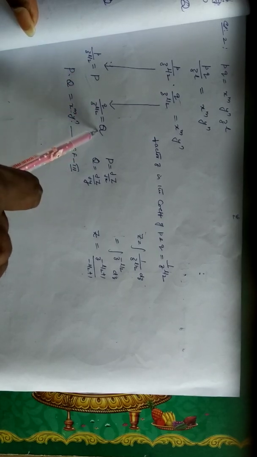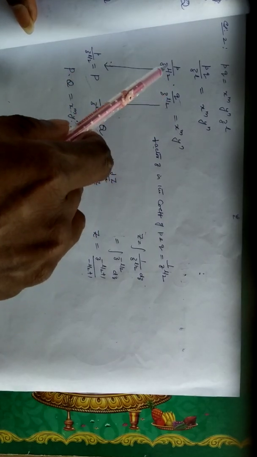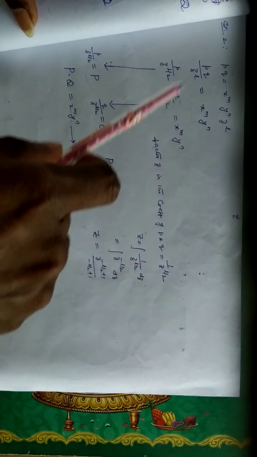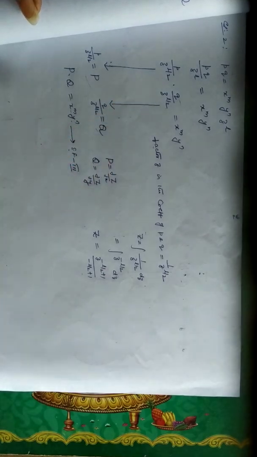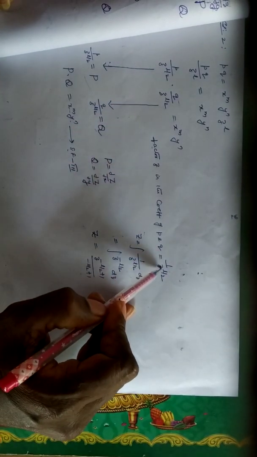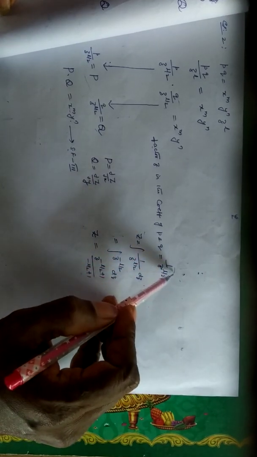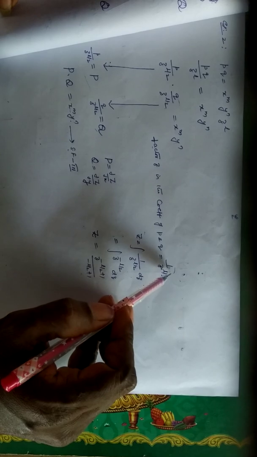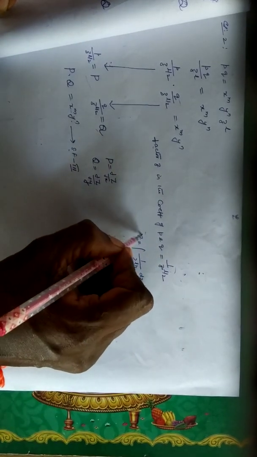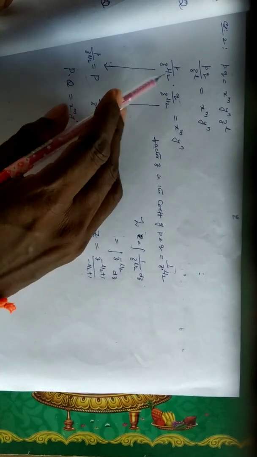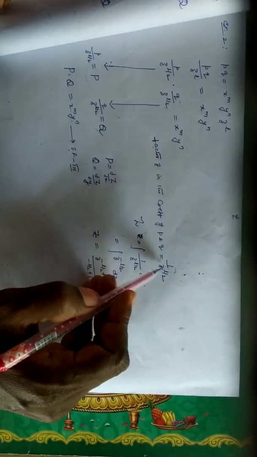For this, we take the factor of z in the quotient of both p and q equal to 1 by z power l by 2. For the capital Z, we consider the factor of z. Don't consider the reciprocal. In case of capital X and capital Y, we consider the reciprocals. But in case of capital Z, we consider only the factor of small z. That means the factor of small z in both p and q is nothing but 1 by z power l by 2.